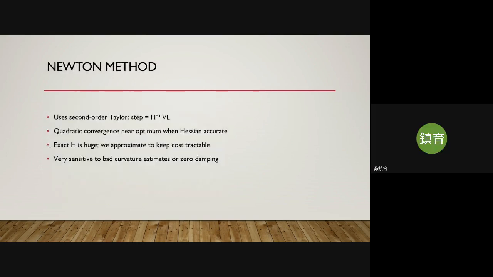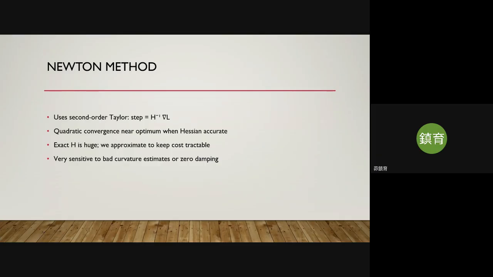Next, I'm going to talk about Newton's method and the diagonal Newton. Those are the two second order optimizers that we did. Newton's method rescales the gradients by the local curvature, and it aims for a direct path to the minimum value.